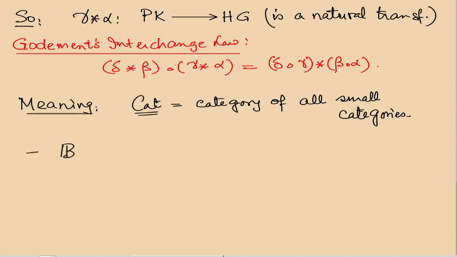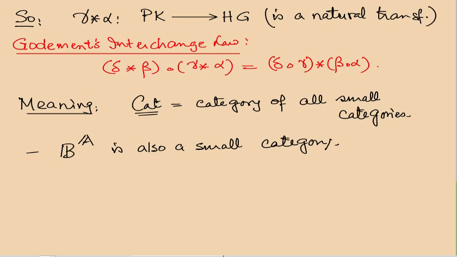In this case, this is also a small category. Why? What do I have to check? The total number of morphisms is a small set, right?